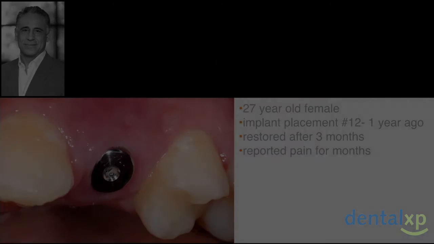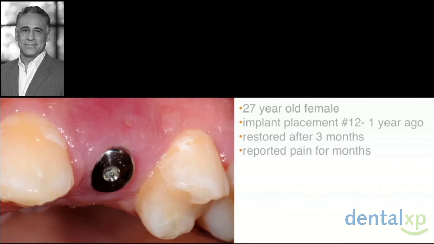Let's talk about a patient, an example. It's a 27-year-old female who came. She had an implant placement done on number 12 about a year ago, which was first restored after about 3 months, and then she reported some symptoms of pain for months following the restoration.